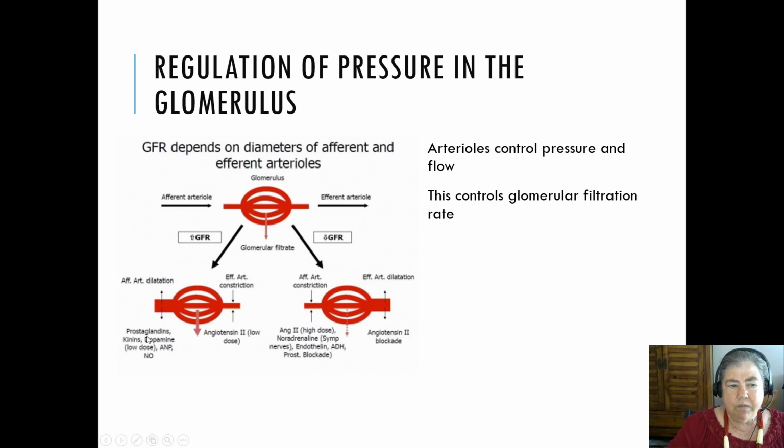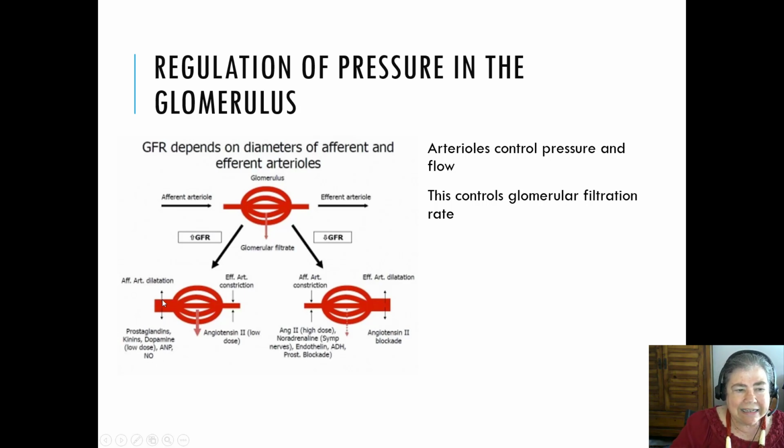Among those things are prostaglandins, kinins, dopamine, and this is dopamine in low doses, something called atrial natriuretic protein, which is produced by the cardiac muscle in the atrium in response to high levels of volume, and nitrous oxide.